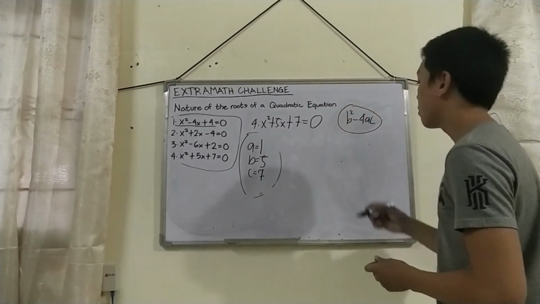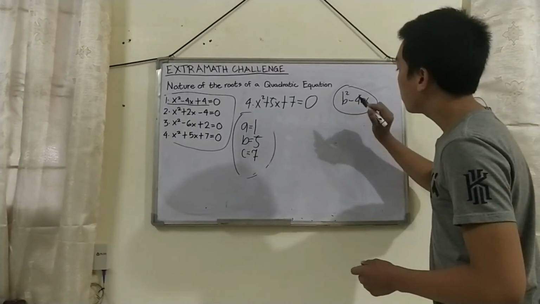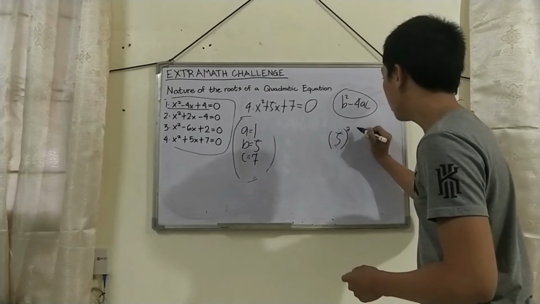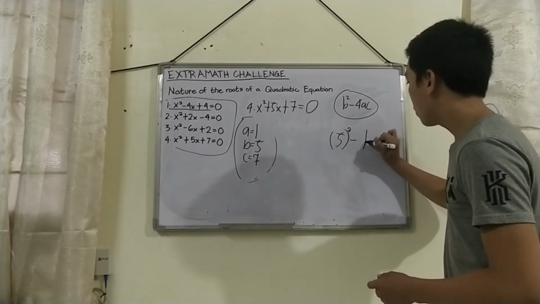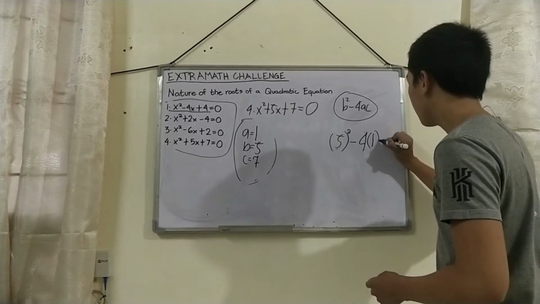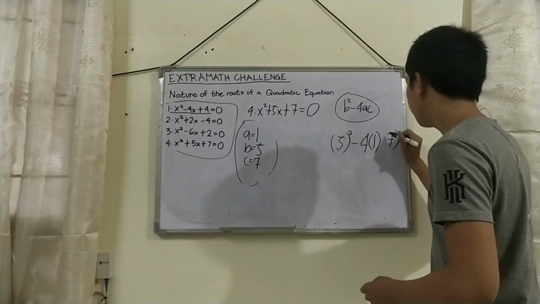Now let's substitute the values in the formula. b is equal to 5 squared, minus 4. The value of a is 1, and the value of c is 7.